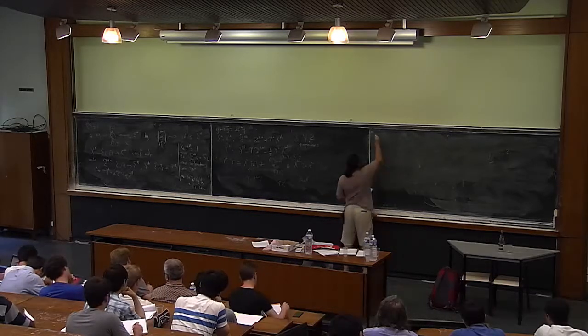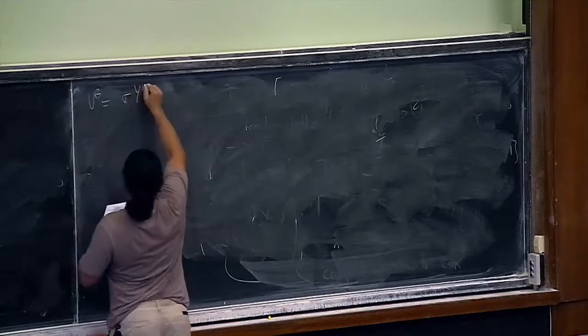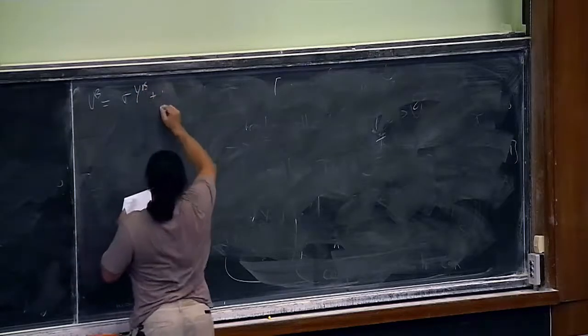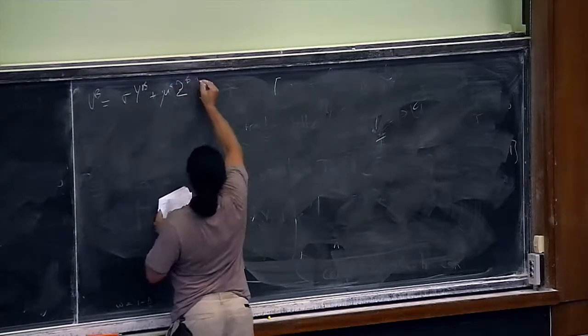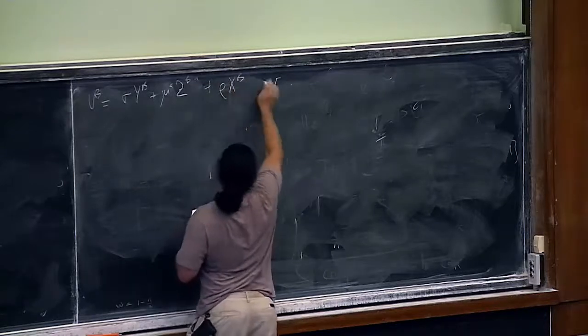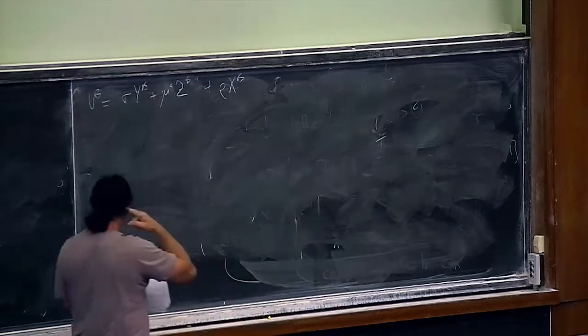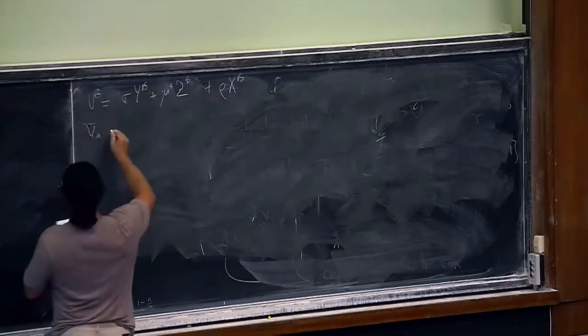Okay, so if you had U B is sigma Y B plus mu A Z B A plus rho X B, then how does the connection act on this thing?